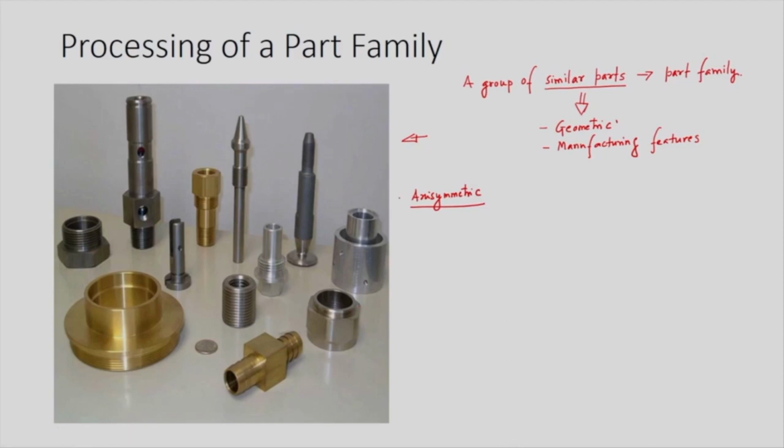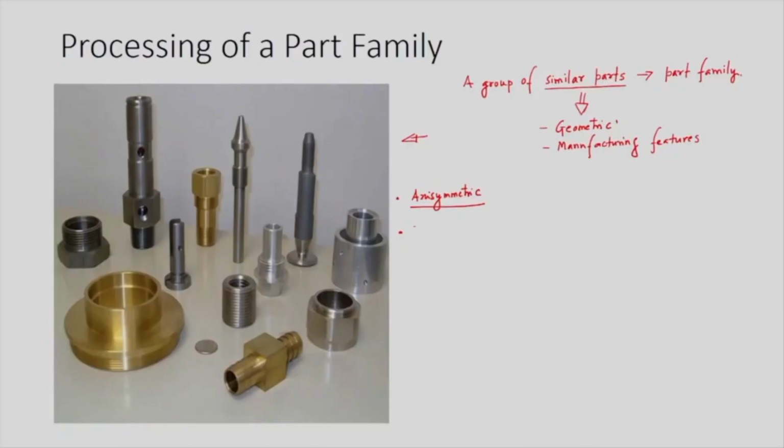So all these parts are to be manufactured on a single machine. Is it possible? Of course it is possible. For that purpose, we have to use a general purpose automated machine, and that general purpose automated machine will cater to the manufacturing of all these parts.